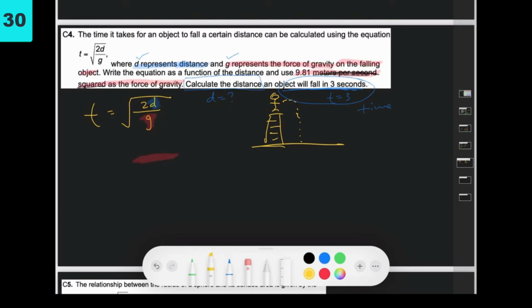All right, let's put that in here. So I have time equals 3, square root of 2 times, we don't know what d is, but we know what g is. That is 9.81.